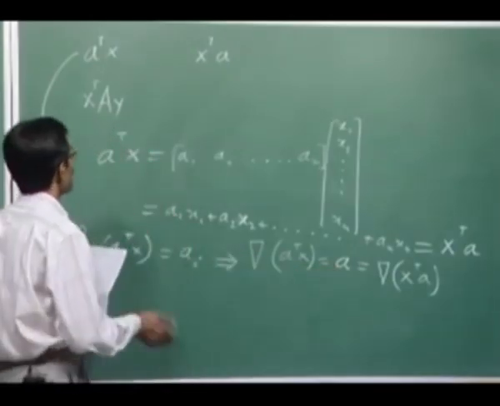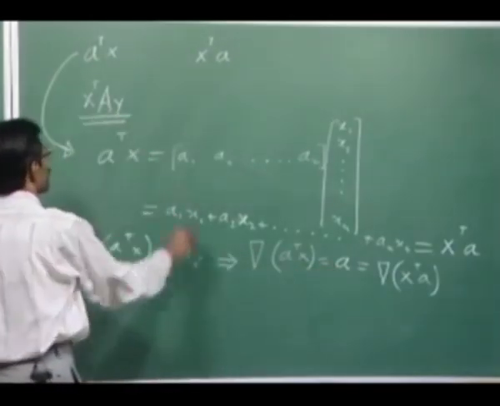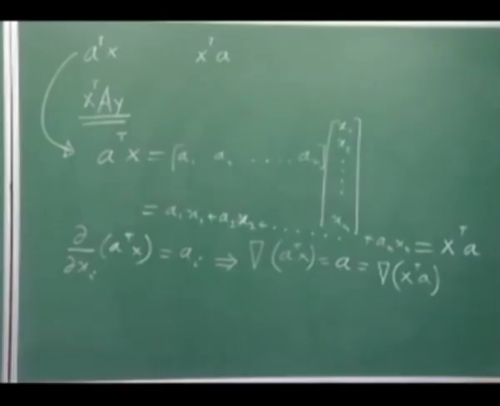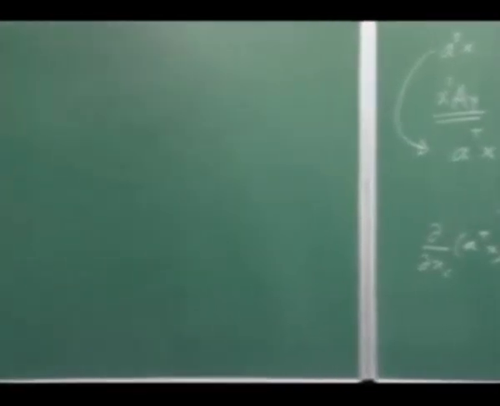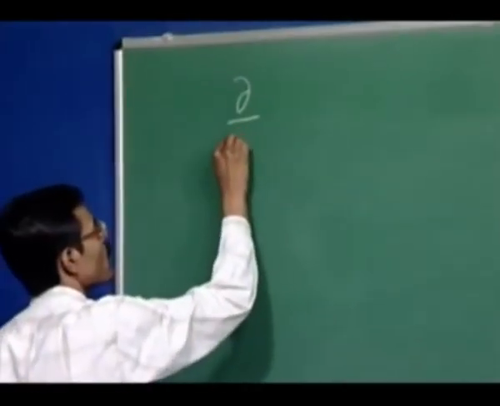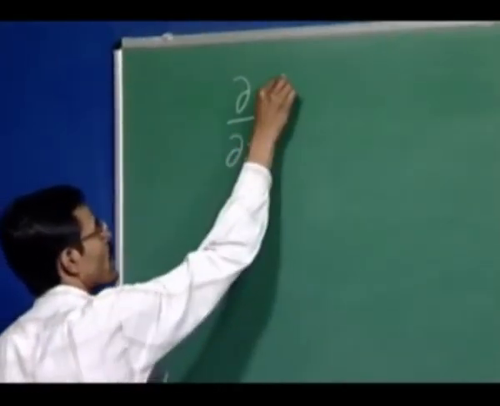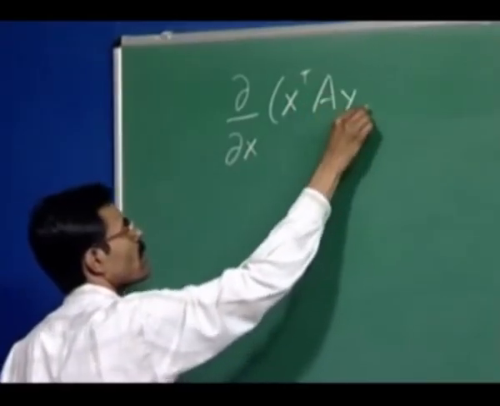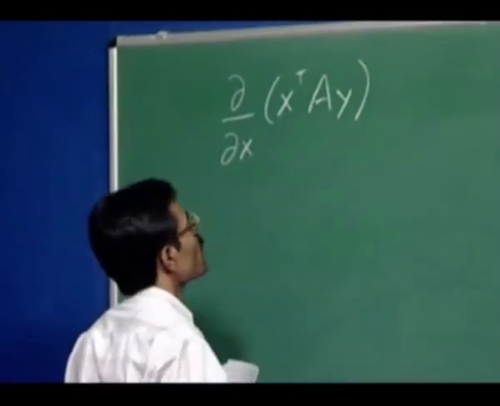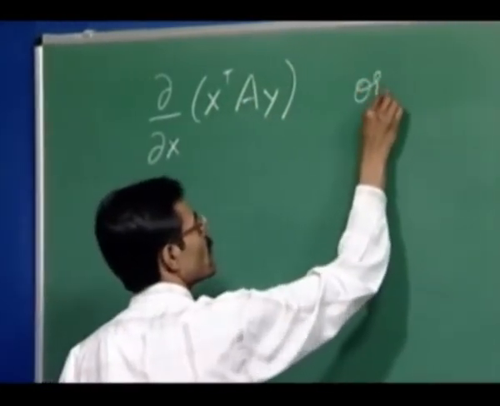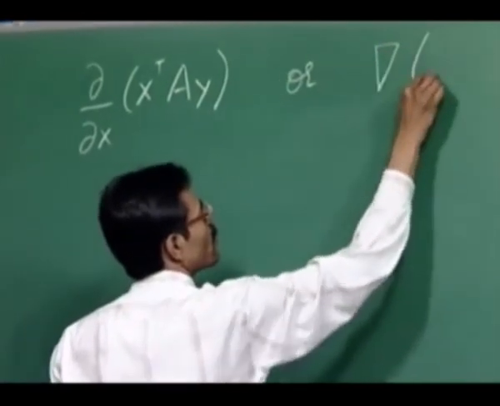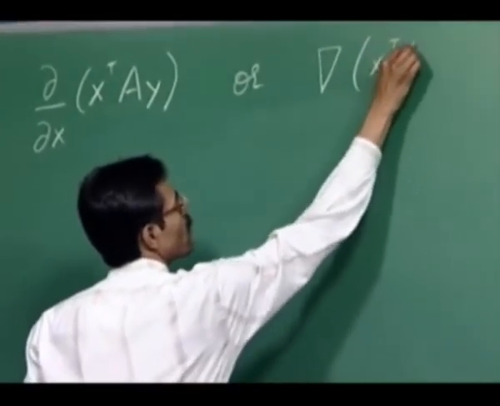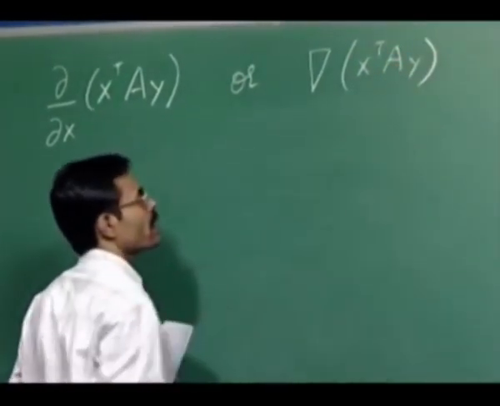Now, consider this. We want to find out the gradient of x transpose A y. We can denote it like this, or we can denote it like this.